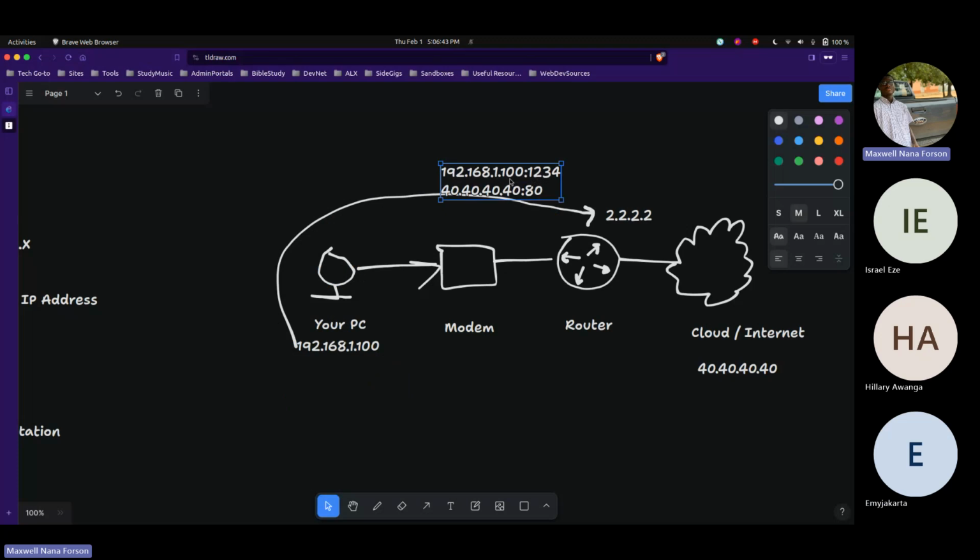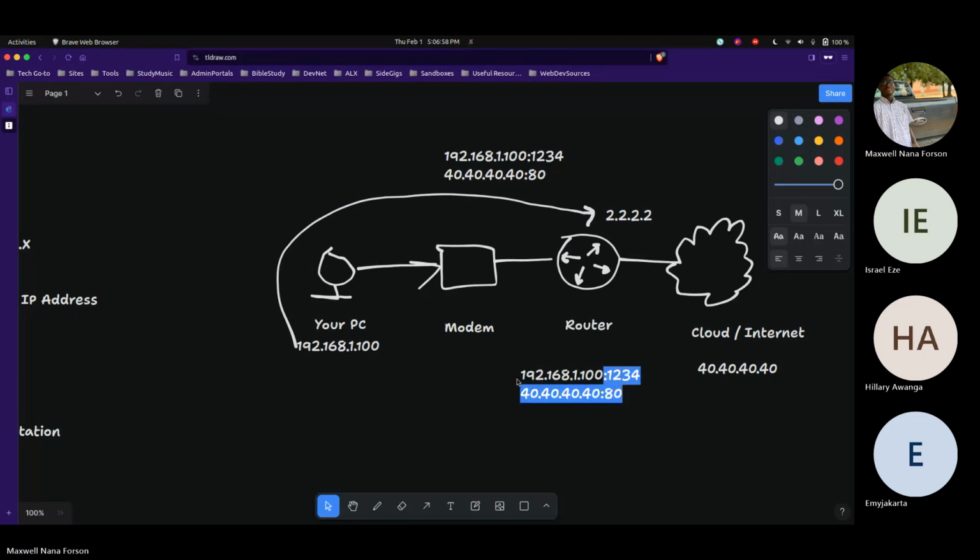But because 192.168 is not allowed on the internet, your router is going to change this part of the address and do something like this: 2.2.2.2.